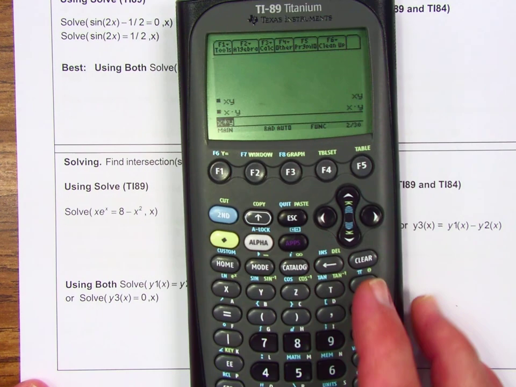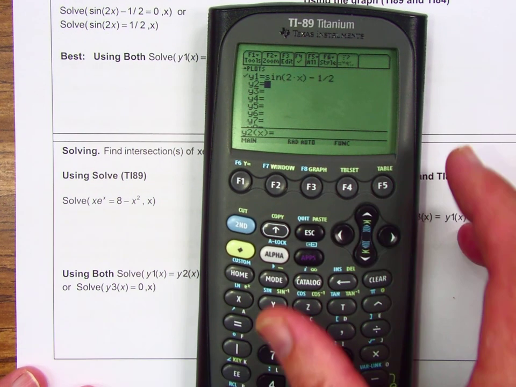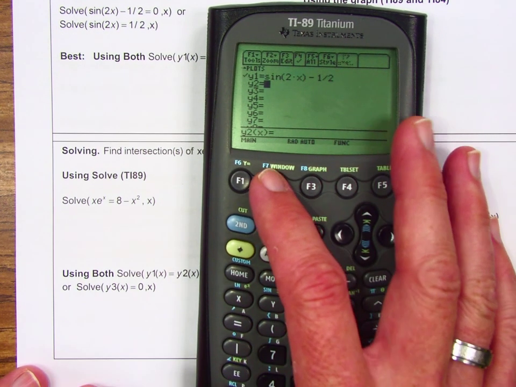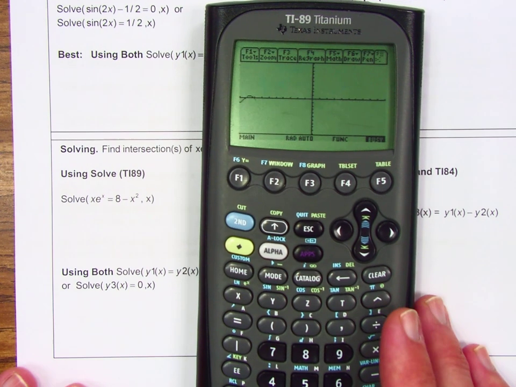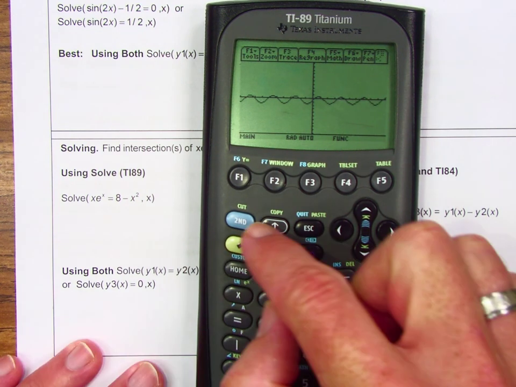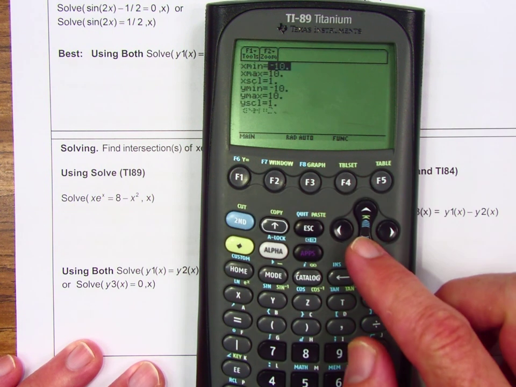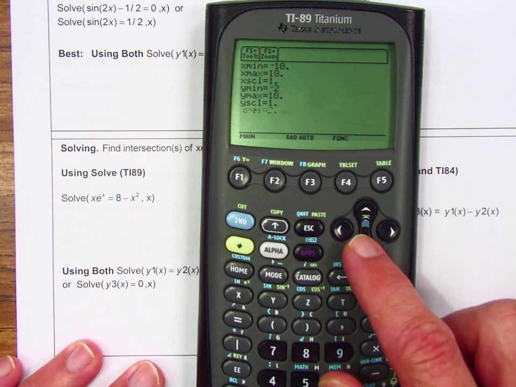If I go back to y equals and hit zoom, F2 is zoom, and choose zoom 6, we have our standard window, and we have a ton of solutions. I'm going to adjust my window so y is between, say, -2 and 2.